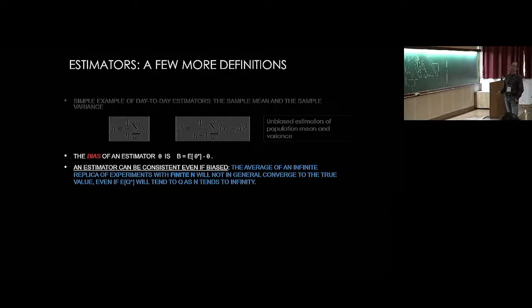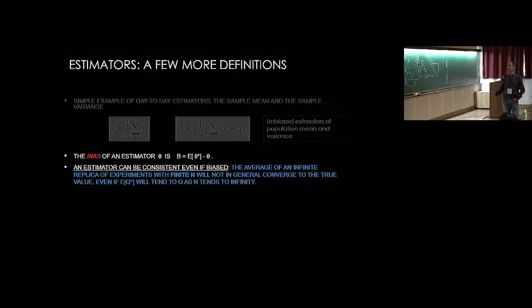And you can be consistent even if you are biased, because this expectation value will tend to the true value as n tends to infinity, but still, with finite n, you may always have a certain bias, even if you try this experiment many, many times.